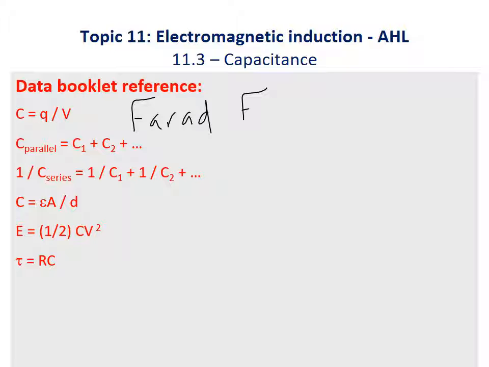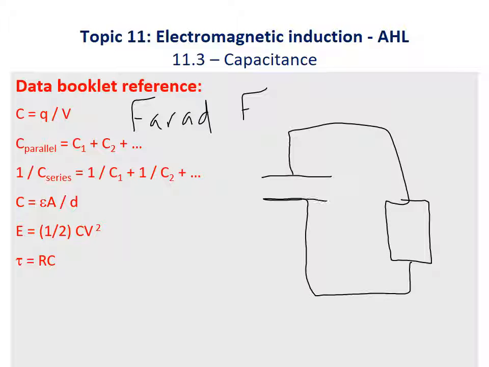Tau is the time constant for an RC circuit. An RC circuit has a capacitor and a resistor. There's no cell in this for this level, so we just focus on a circuit that just has a capacitor and a resistor.